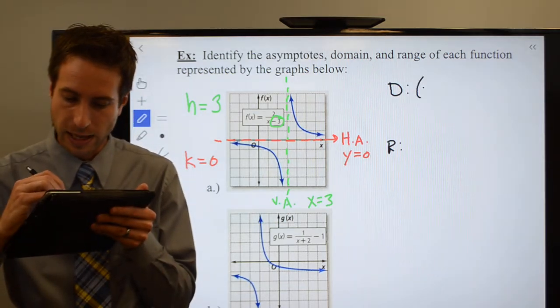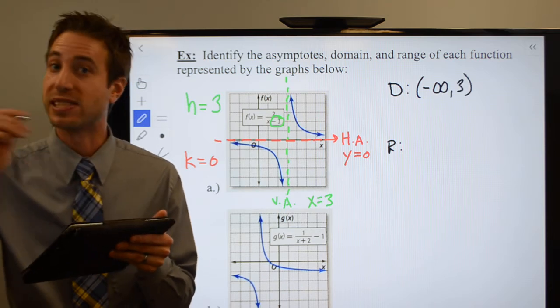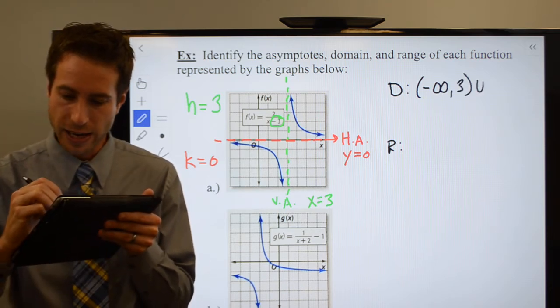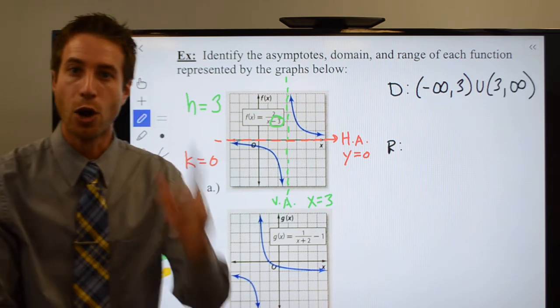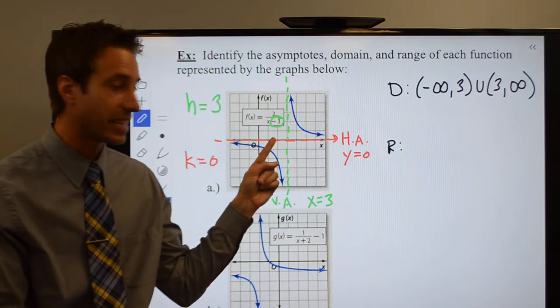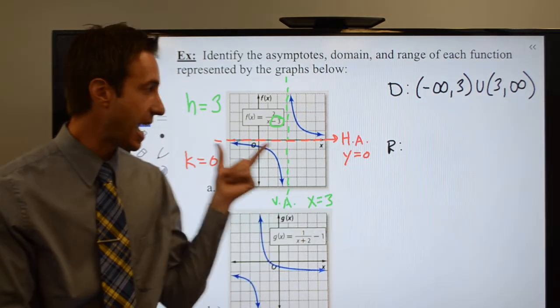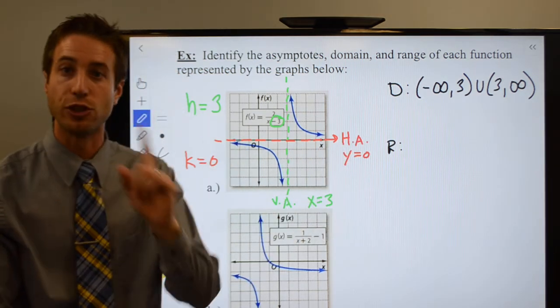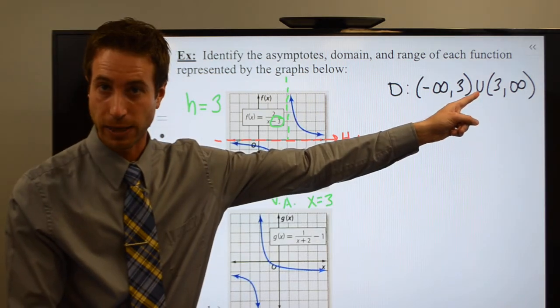So the domain is going to be negative infinity to 3, parenthesis means not included, and then union that with 3 to positive infinity. What that tells me is you can pick any value of x you want down here. You can pick any value of x you want up here. Anything negative, anything positive, you just can't pick x equal to 3, and that's what the domain tells me.